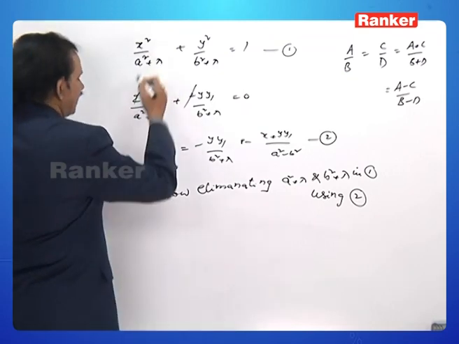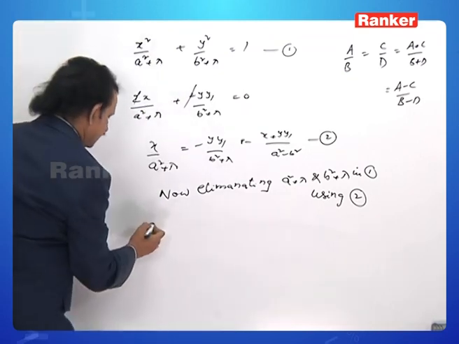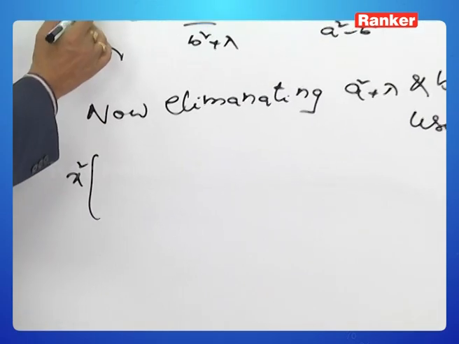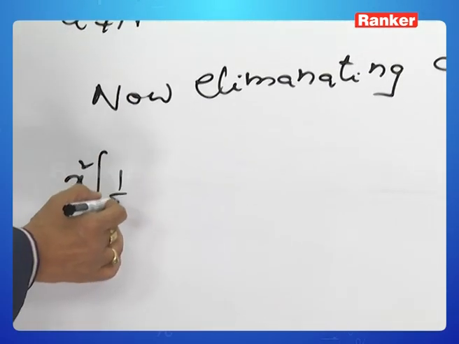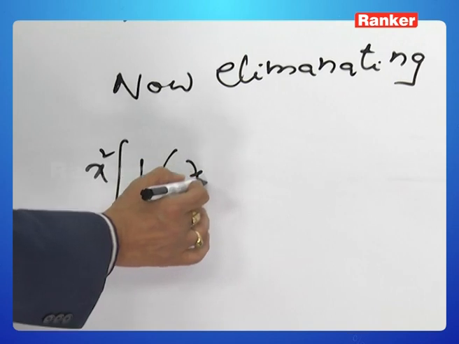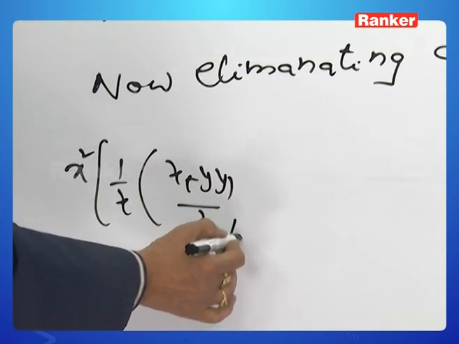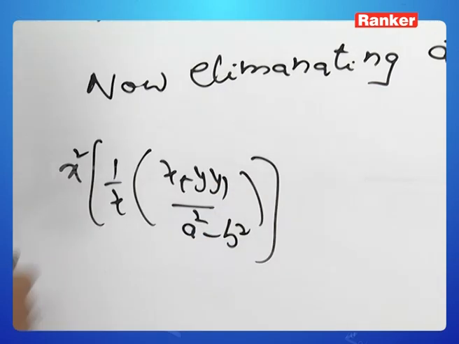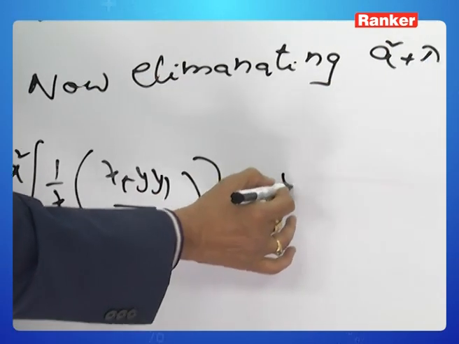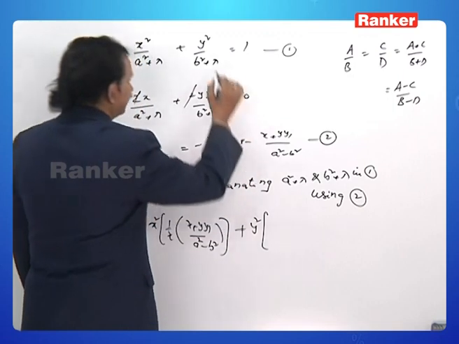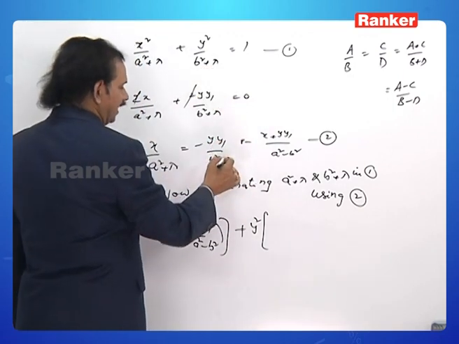Here 1 by a square plus lambda is present, x square into, in the place of 1 by a square plus lambda, 1 by x into x plus y1 by a square minus b square, plus y square into. In the place of 1 by b square plus lambda, what can you have?